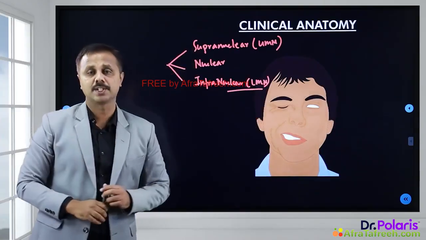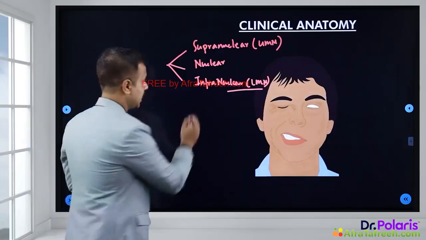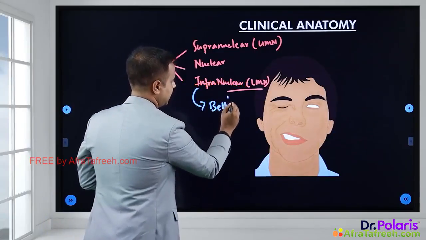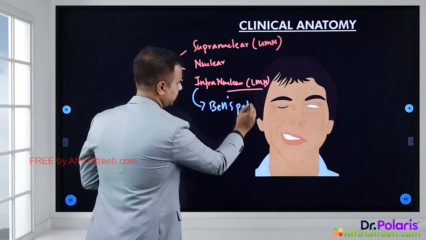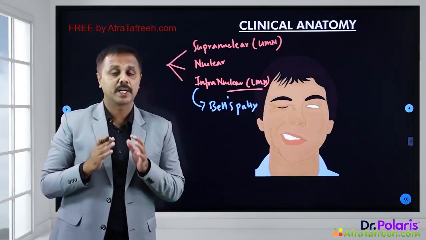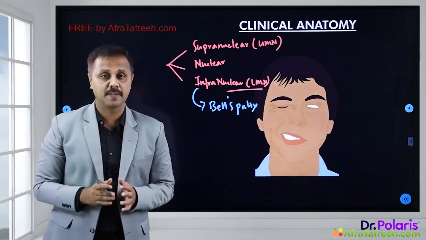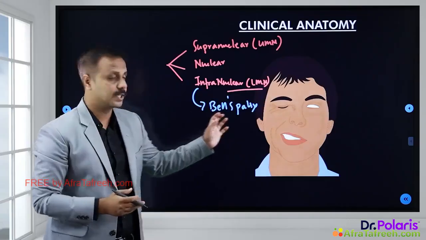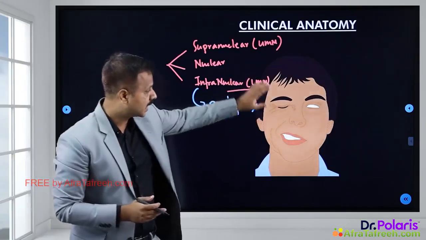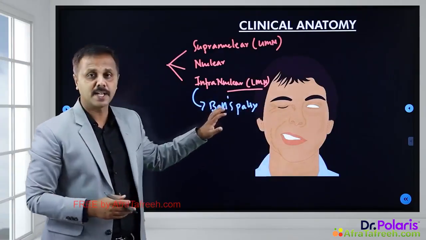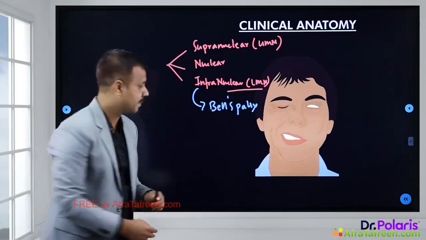The infranuclear lesions of the facial nerve are given a special name, and this is referred to as Bell's palsy. In particular, when we cannot identify the cause, idiopathic infranuclear lesions are often referred to as Bell's palsy, and this is the classic appearance of the Bell's palsy. Fine. Now let's try to understand the anatomical basis for this.